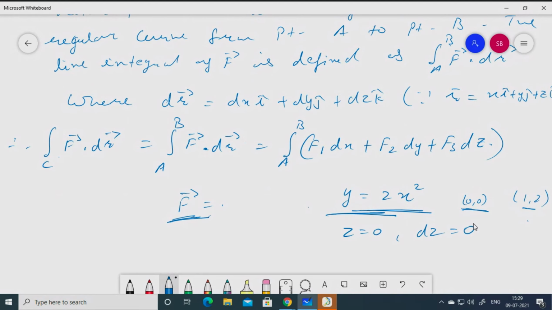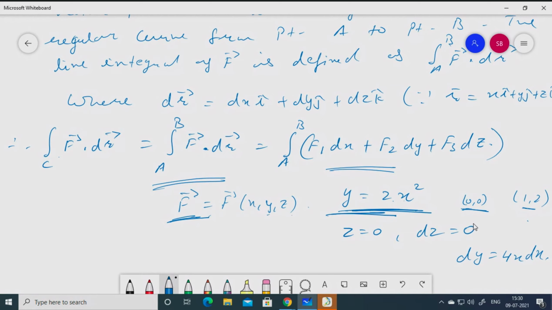Now as I told you, to integrate this and find the numerical value of the line integral, you have to convert the given problem into one variable. With the help of this, wherever you have y in the function, which is some function of x, y and z, with z equal to 0, you can write y as 2x square, and dy will be equal to 4x dx.